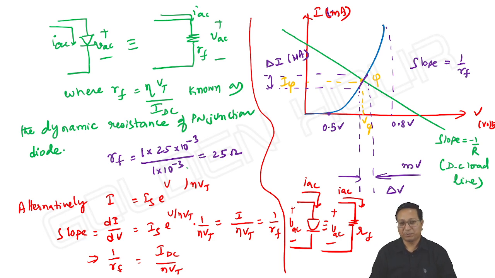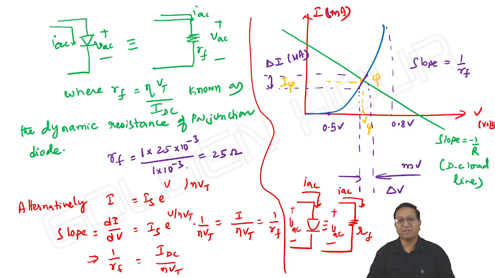It is not at all superposition. With respect to DC, instead of the diode we write V gamma, or V gamma in series with capital RF. Whereas with respect to AC, we write small rf, whose value is eta Vt by IDC. By proper selection of the operating point, depending upon the value of IDC, we can find the value of rf, the dynamic resistance of the diode.